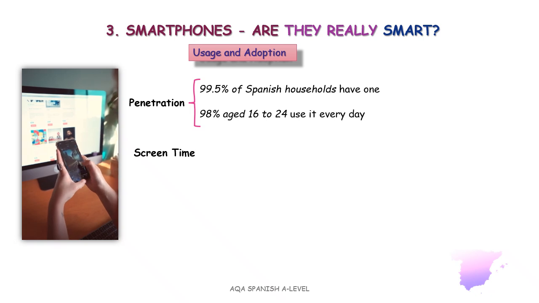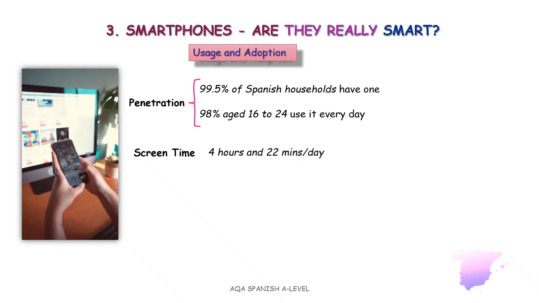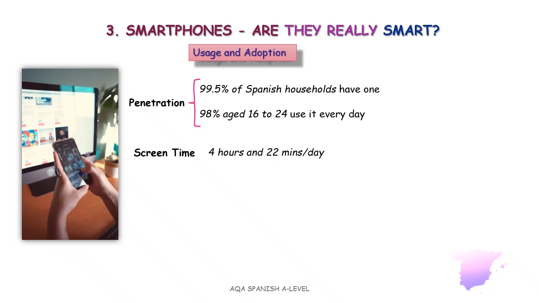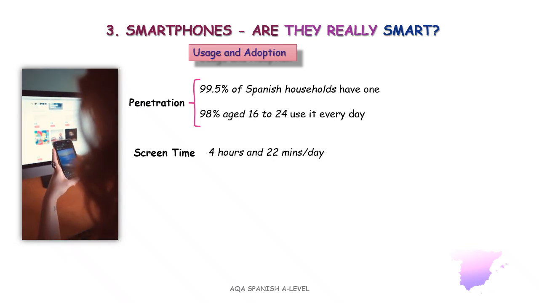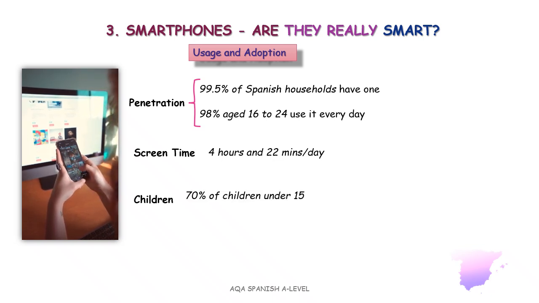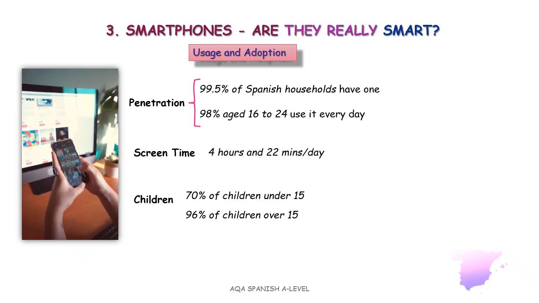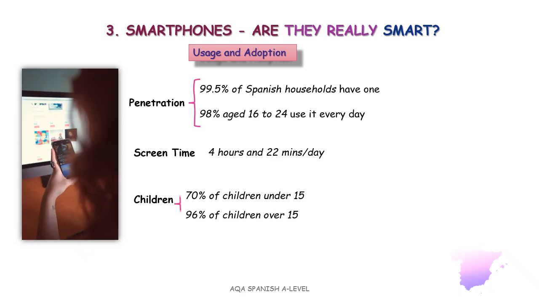The average Spaniard now spends 4 hours and 22 minutes per day on their smartphone, and that number keeps growing. Children. Around 60% of children under 15 already own a mobile phone, and among those over 15, that figure rises to 96%.